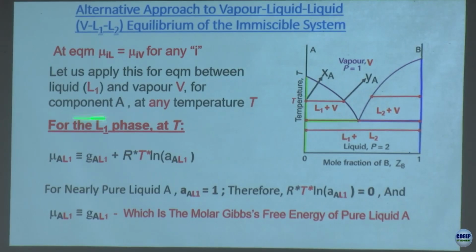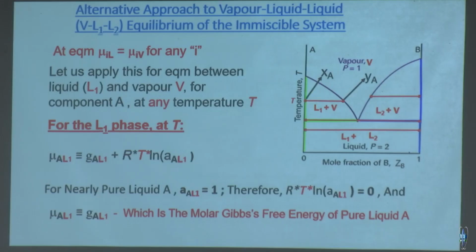Fine. Now for the L1 phase at any temperature T, the chemical potential of A in the liquid phase here is equal to, this we have seen here, the molar Gibbs free energy of A in the liquid phase for the pure component plus RT ln activity of A in the liquid component 1.